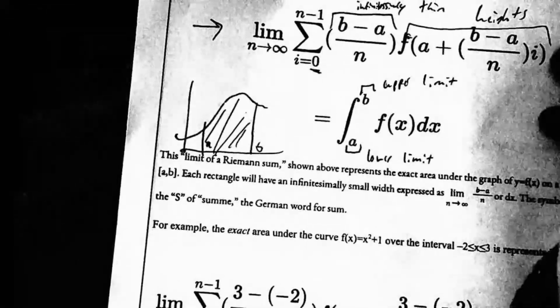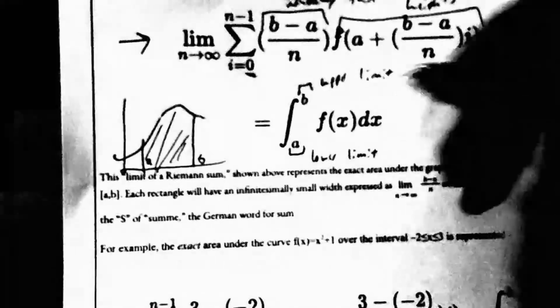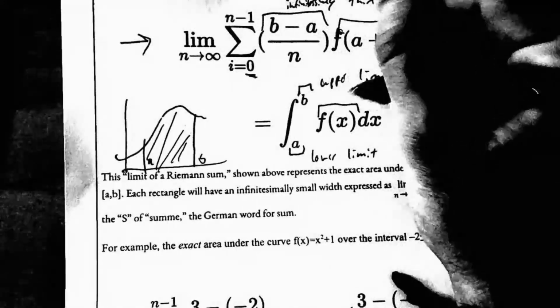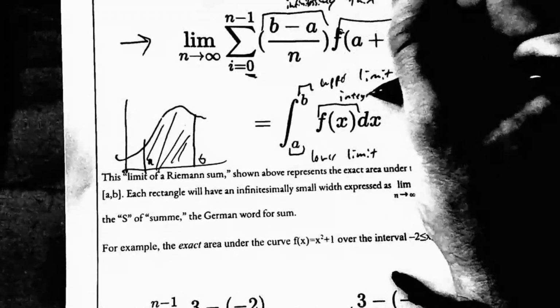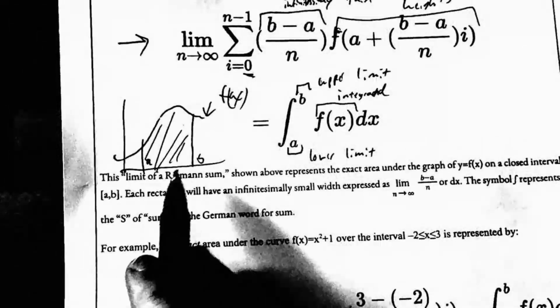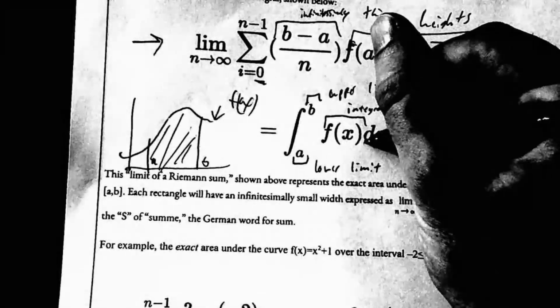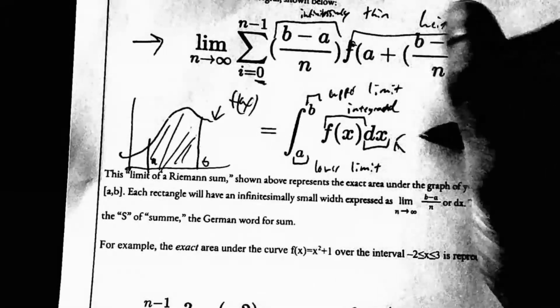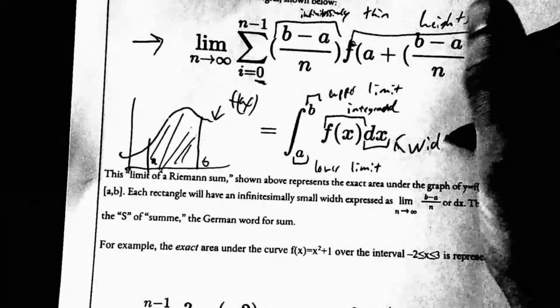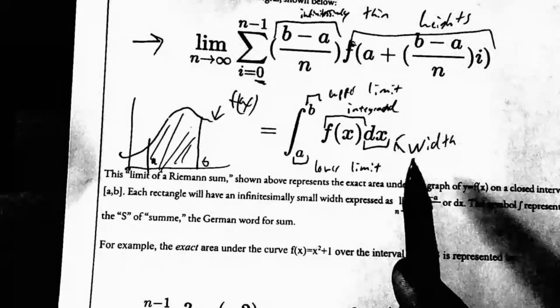That's the relationship. Inside the integral, the f of x is called the integrand. This is the function we're looking at. And the dx is that infinitesimally small width.